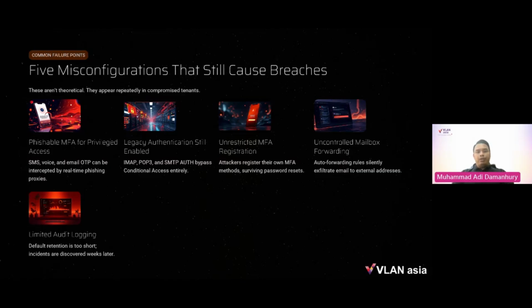For privileged accounts, such as global admin, Exchange admin, and security roles, this is a significant gap. These accounts have the most access and cause the most damage when compromised.